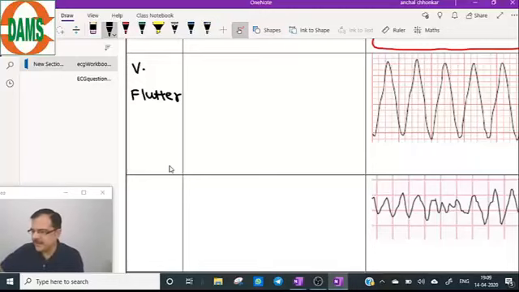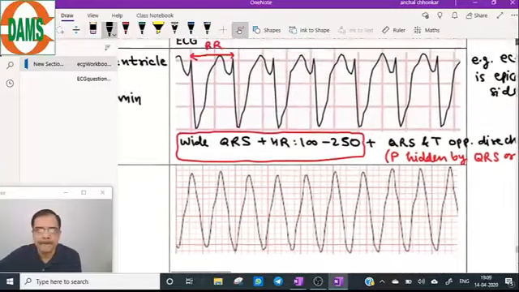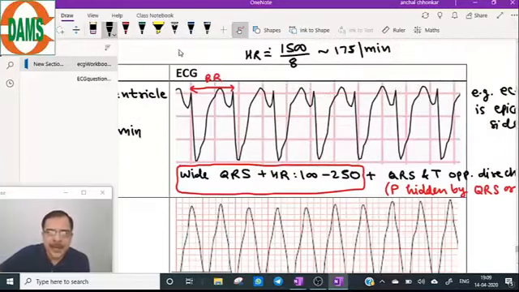Where is the T wave in the diagram? The T wave in the diagram you can see very well. It is clear cut. So look at the tracing. This is a QRS complex.